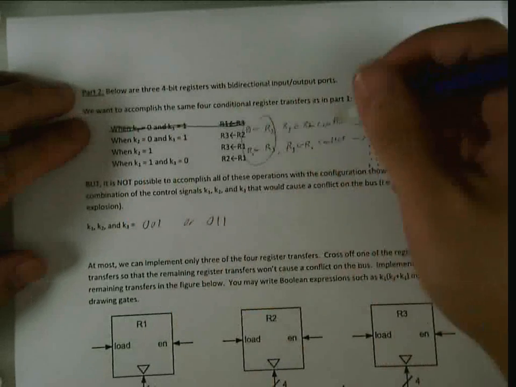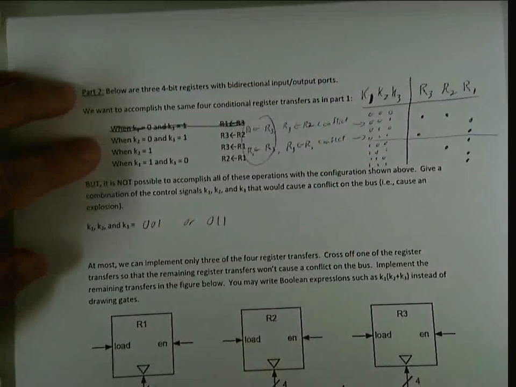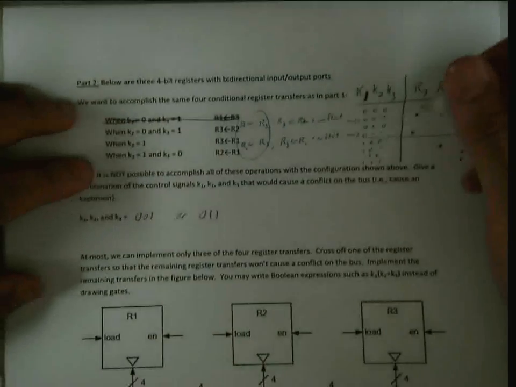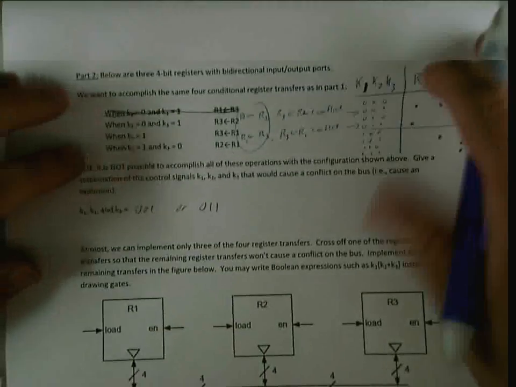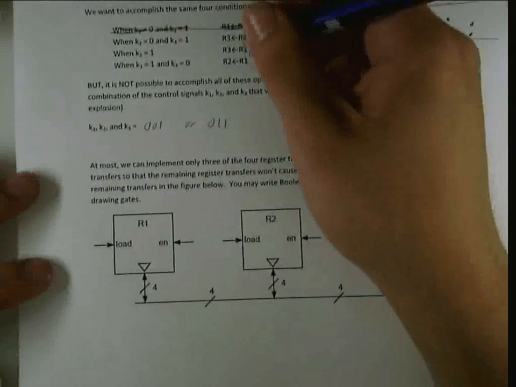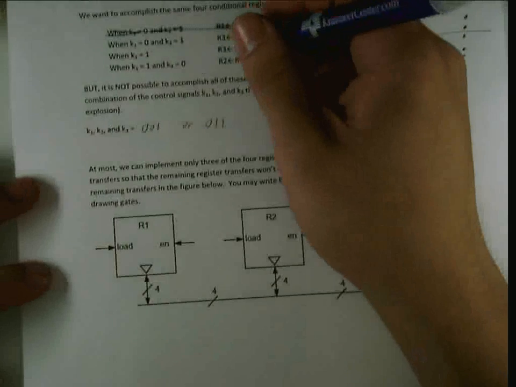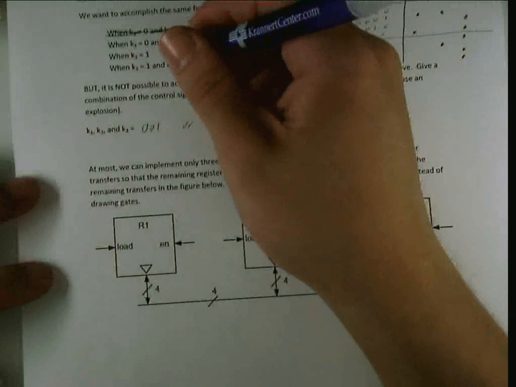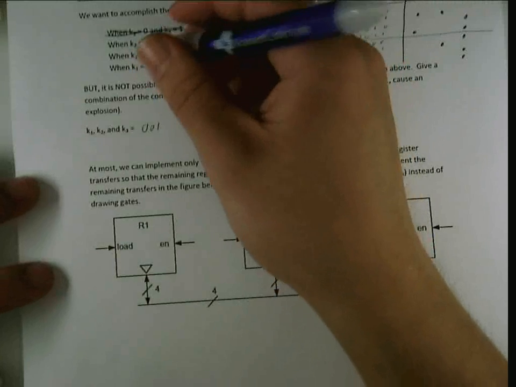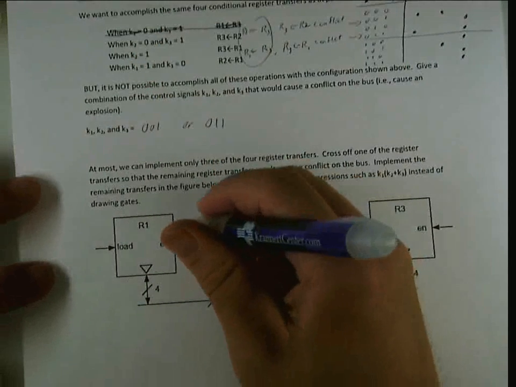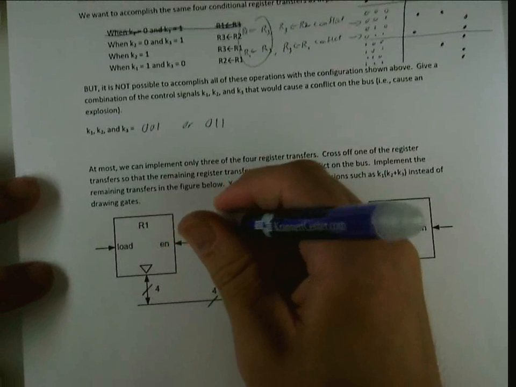If you eliminate this, there's not a conflict here, and not a conflict here. That eliminates these, and now we basically just implement this. We want to put R1 onto the bus when K1, K3 bar, or K2.